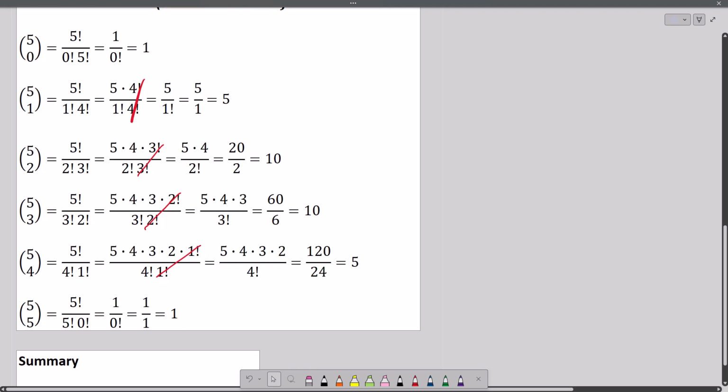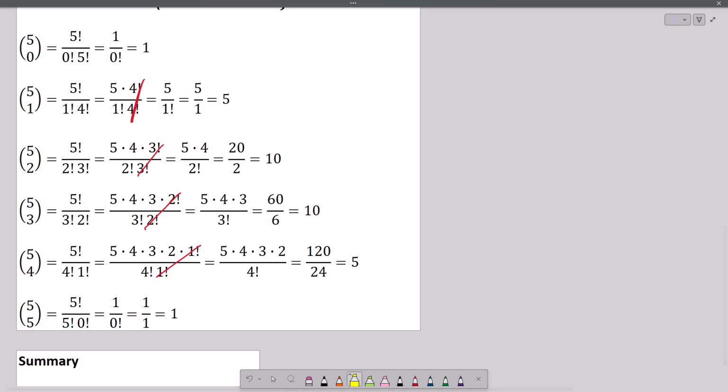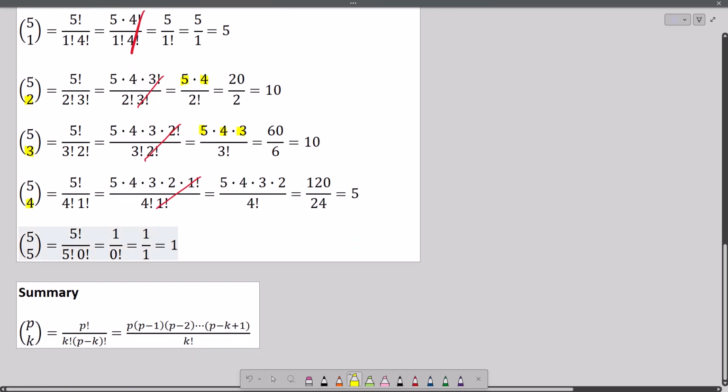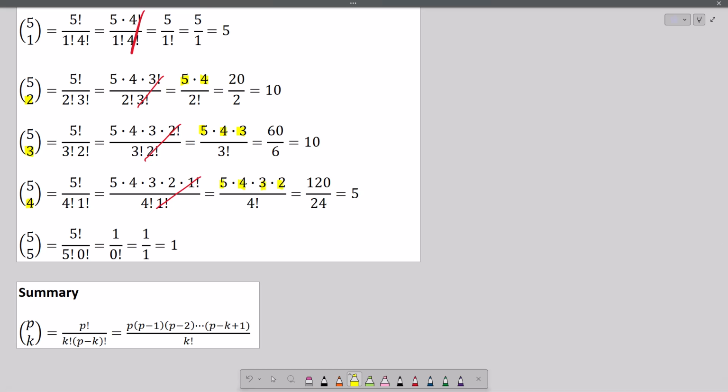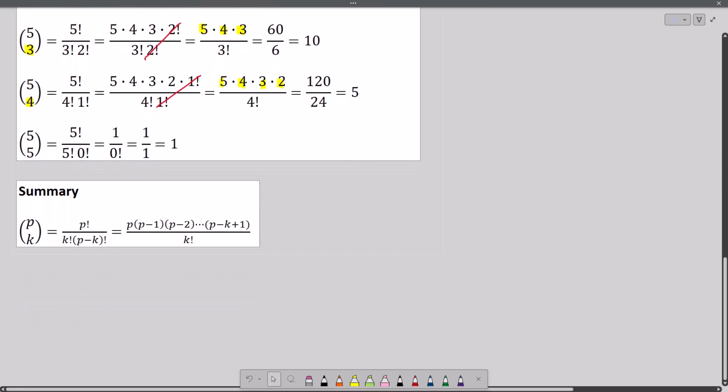So when we have a choose 2, we end up with 2 factors. We started with 5 and subtracted 1 until we got to 2 factors. 5 choose 3. We start at 5 and we subtract 1 until we have 3 factors. 5 choose 4. We look at the numerator and we start at 5 and we subtract 1 until we have 4 factors. So what that allows us to do is generalize p choose k.